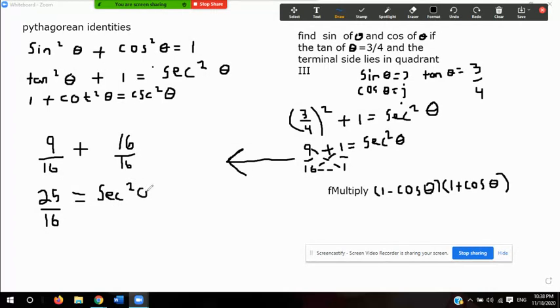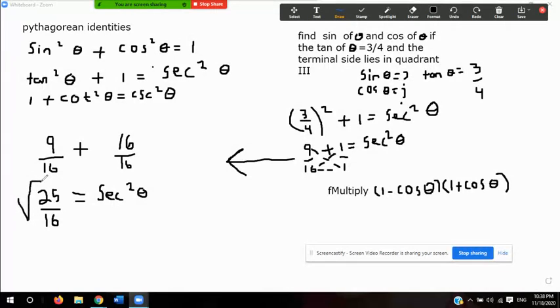So what we want to do now, in order to find the trigonometric functions that we're being asked to find, which are the sine and the cosine, is find the square root of this function to get the secant.